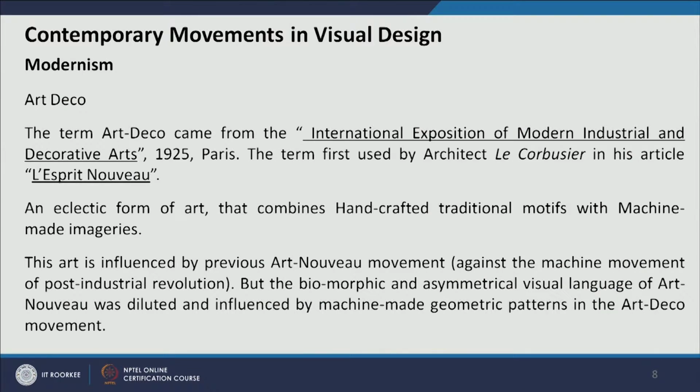From Art Nouveau, the Arts and Crafts movement was more towards marrying these two paradigms of handcrafted and machine-made, and Art Deco took this one step farther, involving more machine-made and geometric forms without compromising the artistic sense.